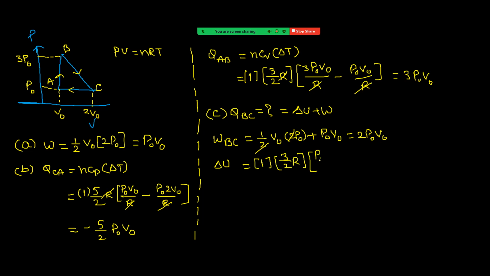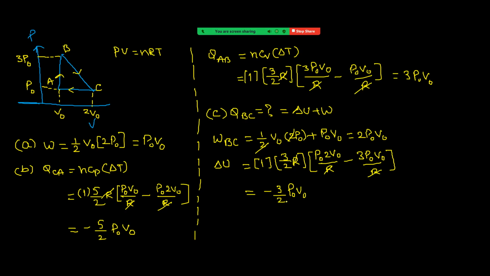Final value is P naught 2 V naught upon R, n equal to 1. Final temperature minus initial temperature is 3 P naught V naught upon R. R gets cancelled. It is now 2 minus 3, minus 1. So minus 3 by 2 P naught V naught.